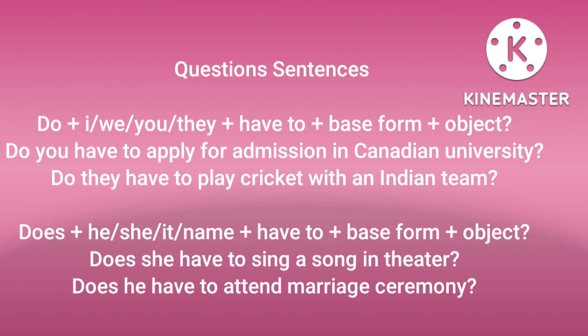So as an example, using he, she, it, and a name, the first sentence should be like this: does she have to sing a song in a theater? Does he have to attend a marriage ceremony?